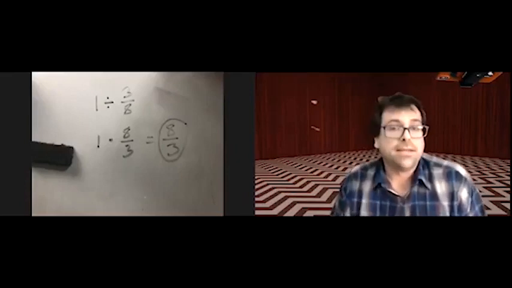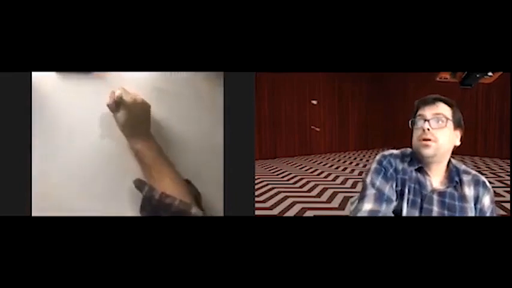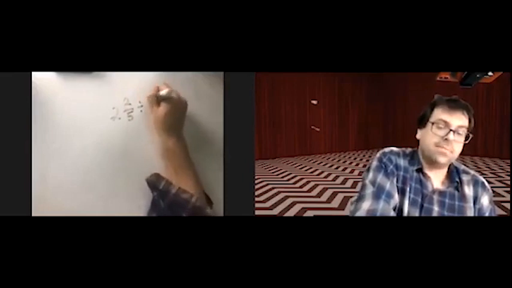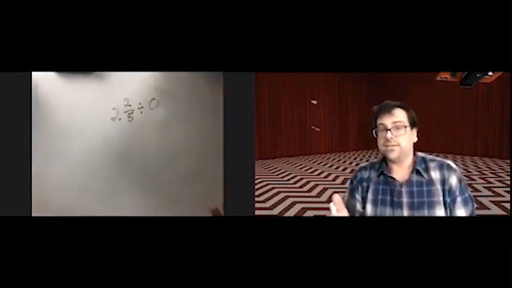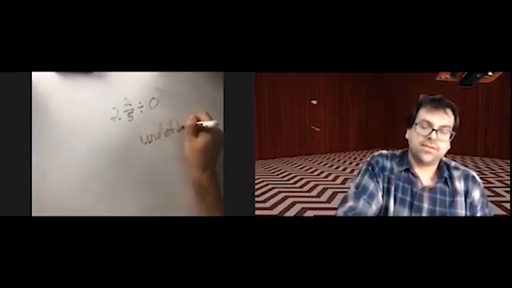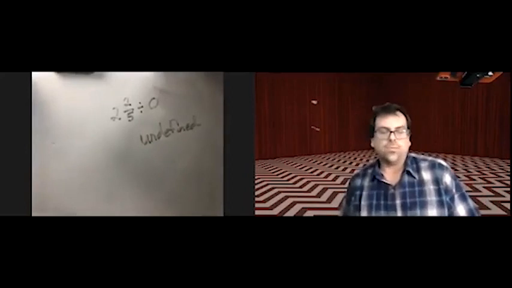And if we had something like 2 2/5 divided by 0, the 0 comes second. This one is undefined. We wouldn't be able to flip 0 and get a real number.